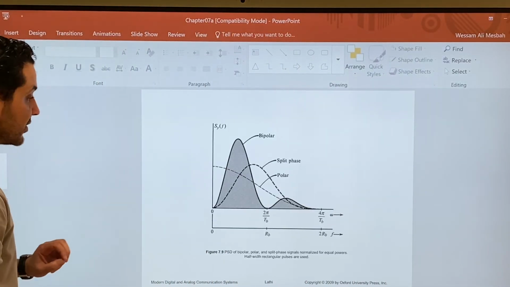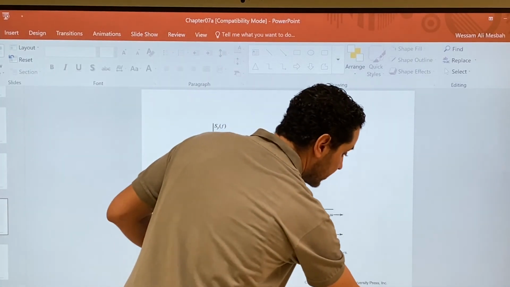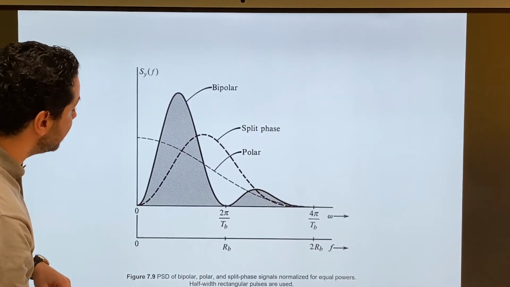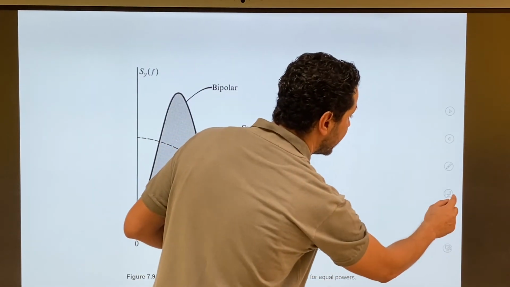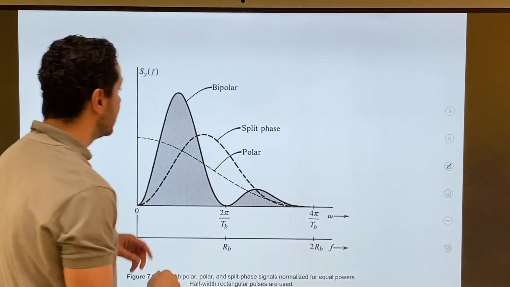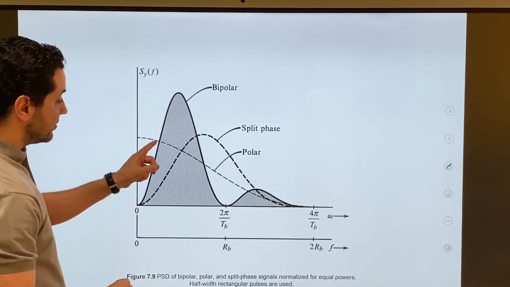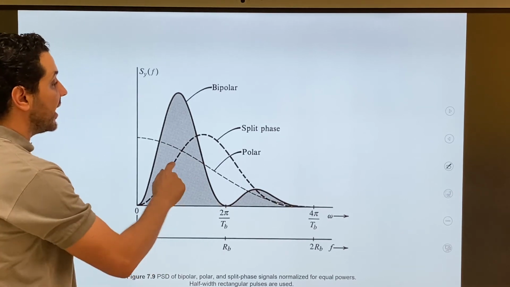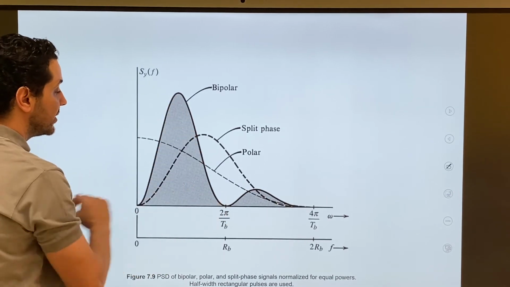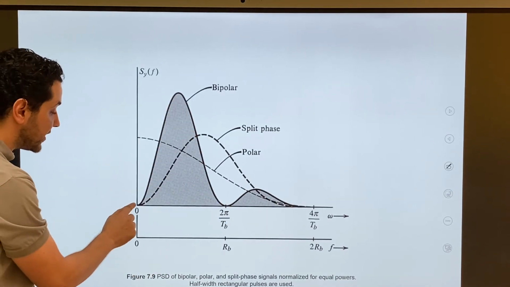Here, this is a comparison between different line coding schemes. You'll find that we have the polar that we discussed before, which was sinc squared. The bipolar has an advantage of 0 DC.